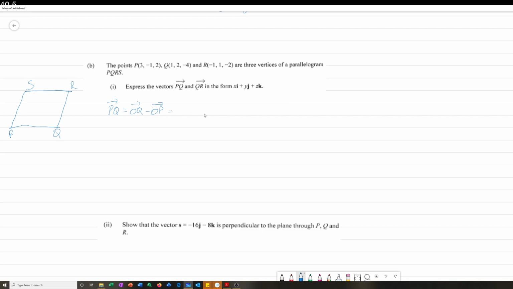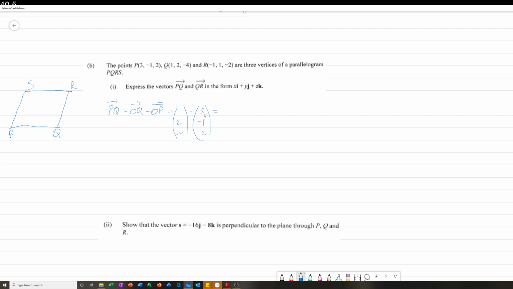So we know that OQ, I like to write my vectors like this. It's easy for me to perform any manipulation of the vectors when you write it as a column. And then my OP is 3, minus 1, 2.